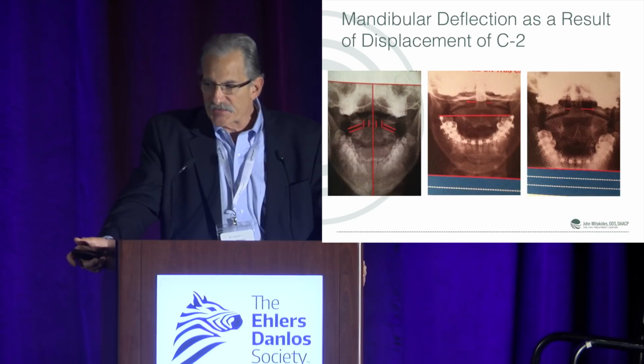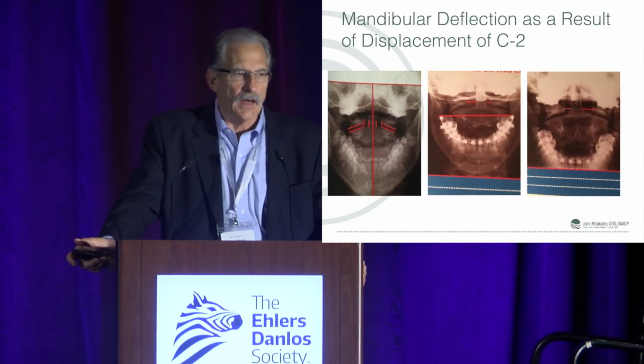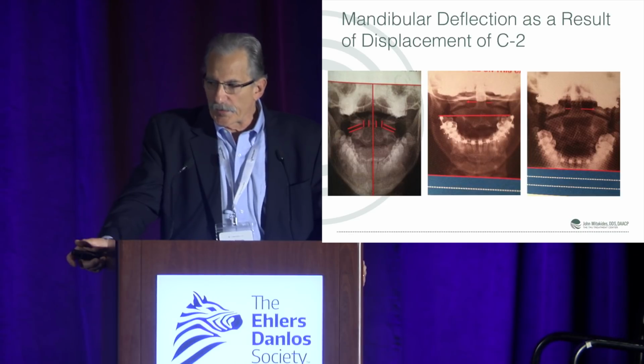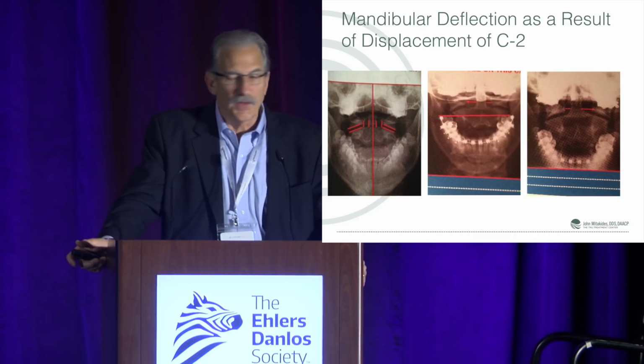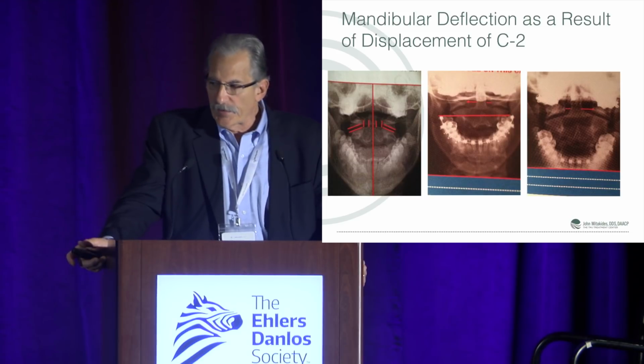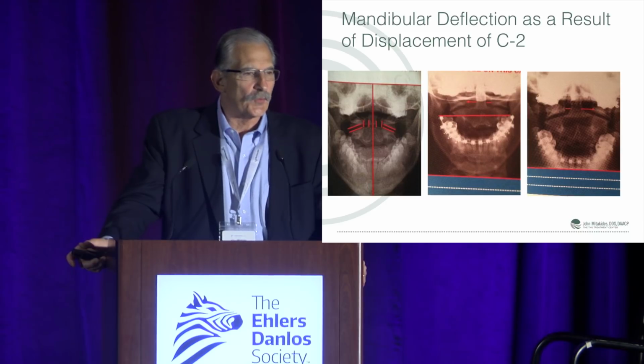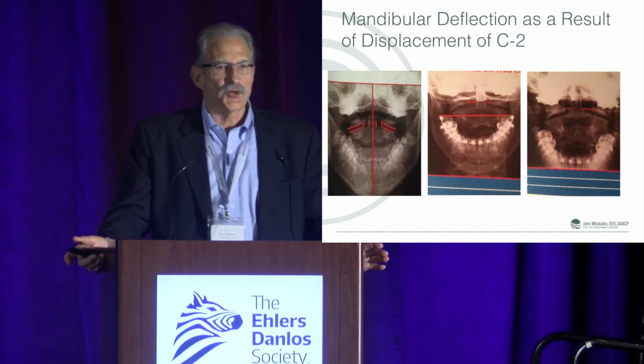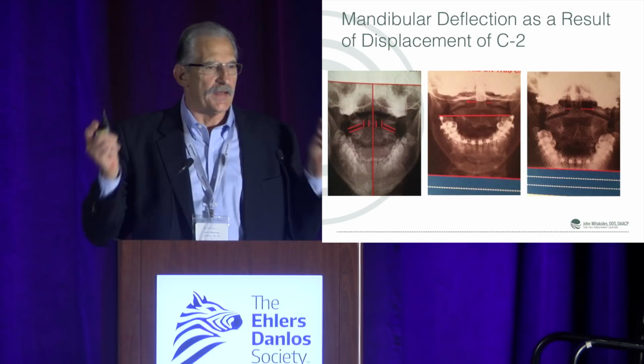You see where the space increases to the right, but look at the bite height, the molars in the rear. You see how they're higher on the left than they are on the right, the red line. Same thing happens with the other side, the last X-ray on the right, where rotation is to the left. You can see where the bite height is lower on the right. Believe it or not, the jaw actually changes position when the neck changes position.